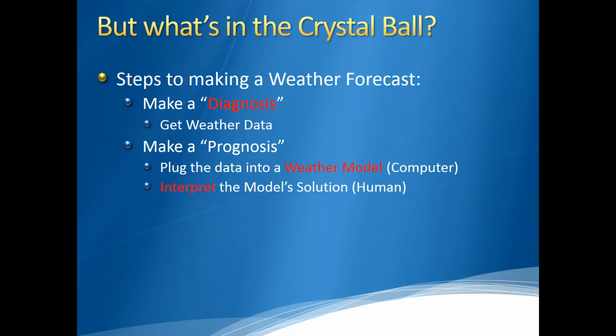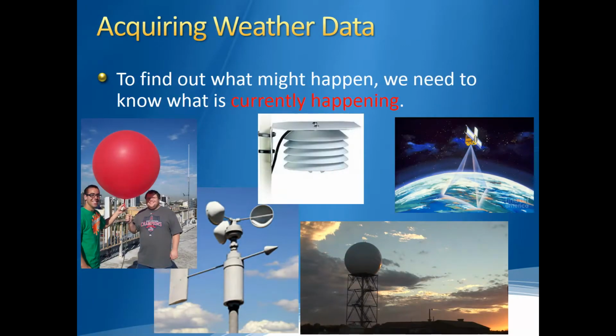And then based on what they know, based on the trends they've seen, based on how they've seen things develop, they can then make what's called a prognosis. And that prognosis is the prediction. So the diagnosis represents the current condition, the current state of things, and the prognosis represents where things are headed.